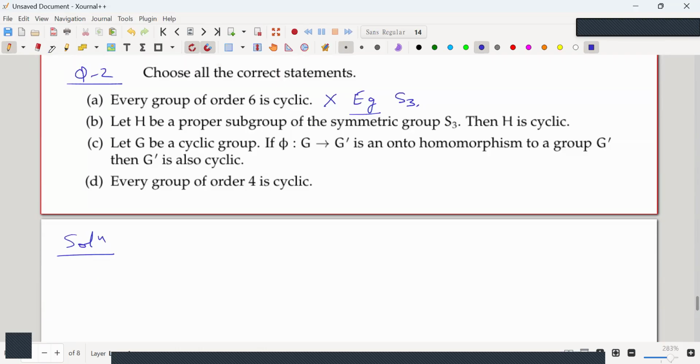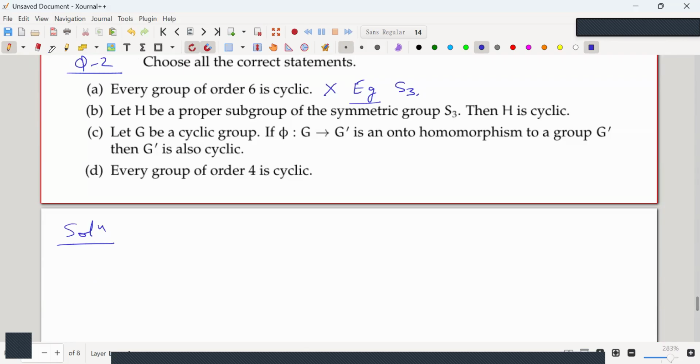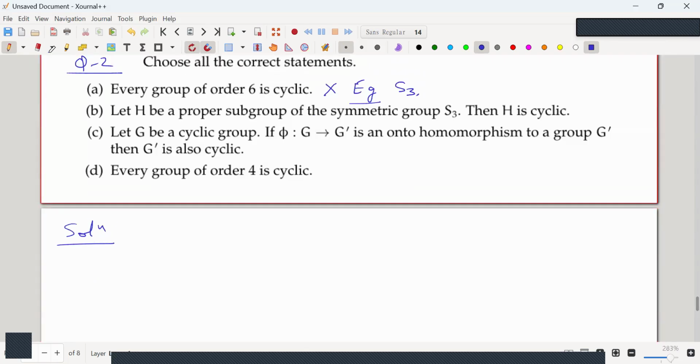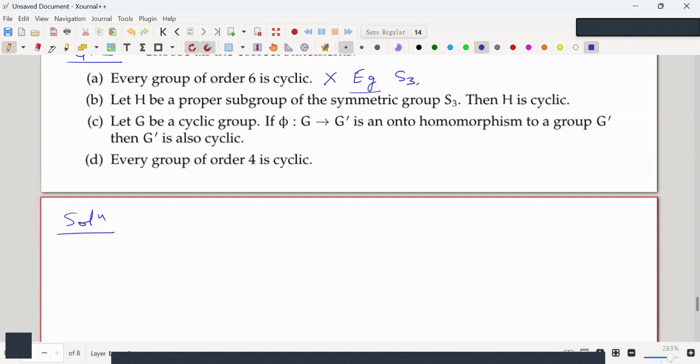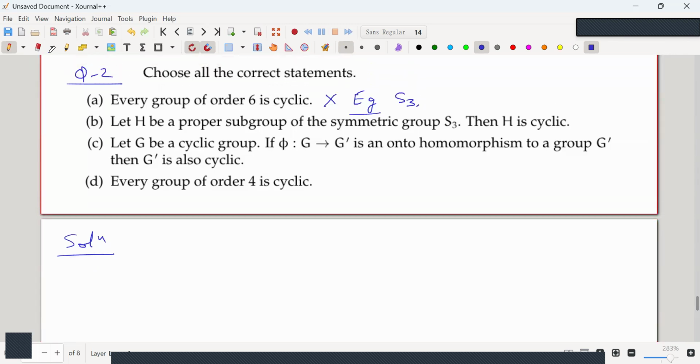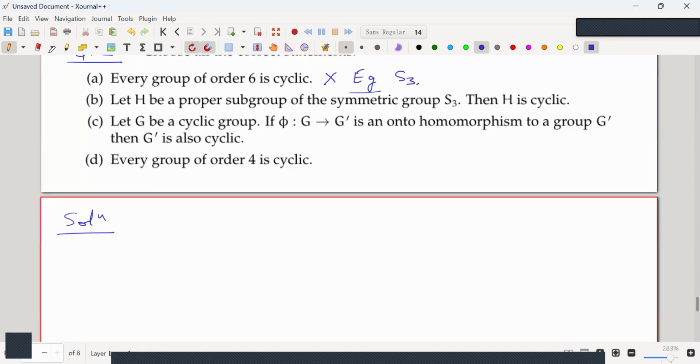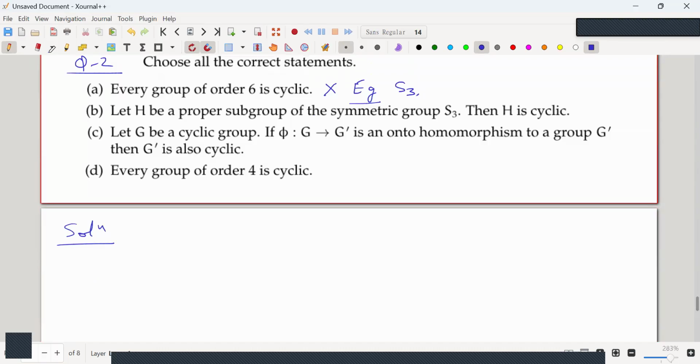Every subgroup of order 2 and 3 is cyclic. And once I told you that every group of prime order is cyclic, then it's done. You can use it for other problems also.